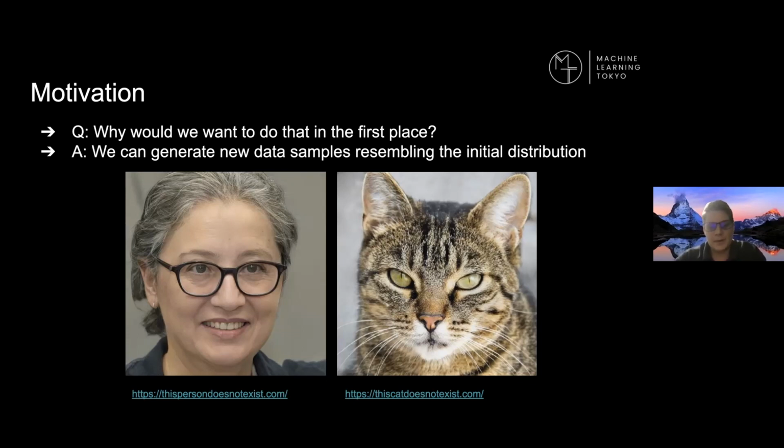So this person really doesn't exist. It's a novel image. And funnily enough, there is also This Cat Does Not Exist, which was trained on cat images. There are probably cats which resemble it, but this specific cat doesn't really exist, so to speak.